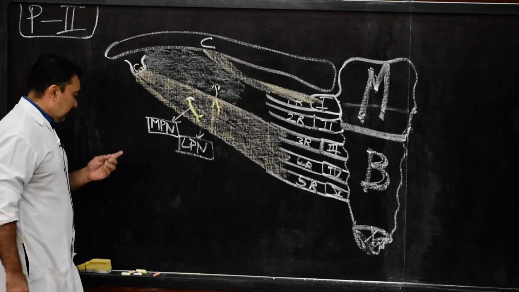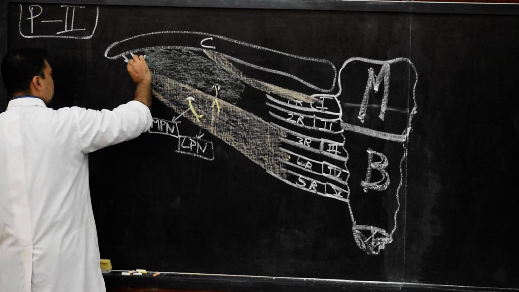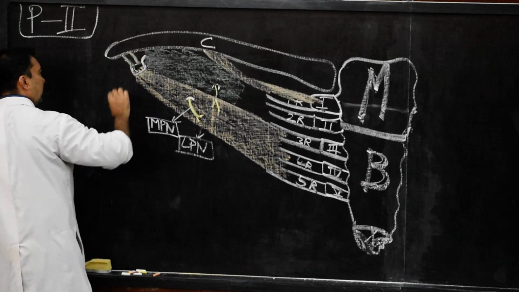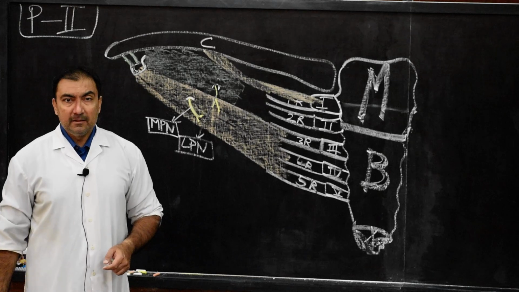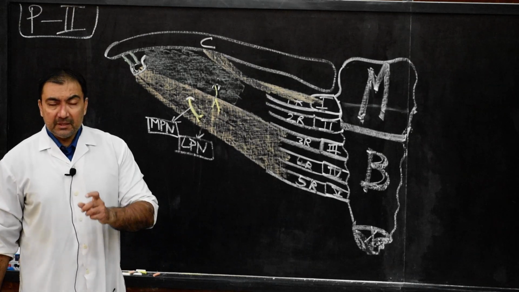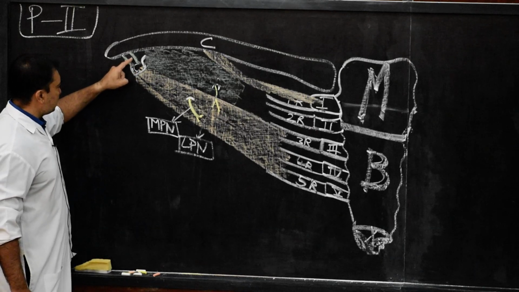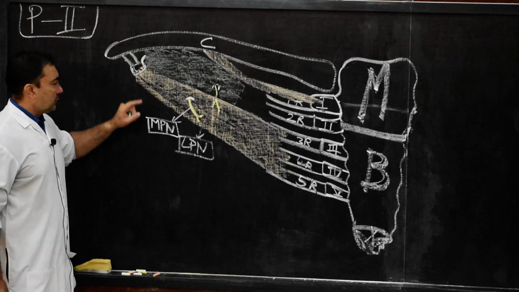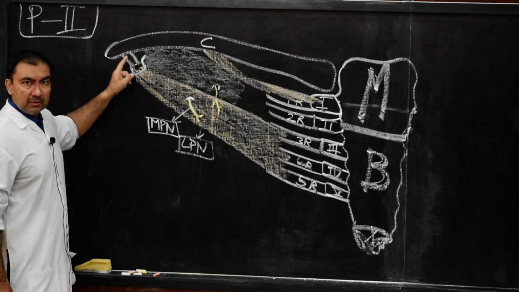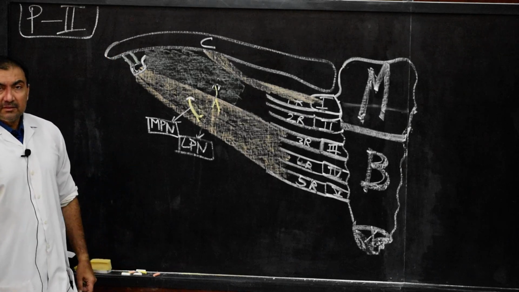That ligament, the conoid and trapezoid parts of the coracoclavicular ligament, is shown here as two lines, connecting the coracoid process with the lateral part of the clavicle.